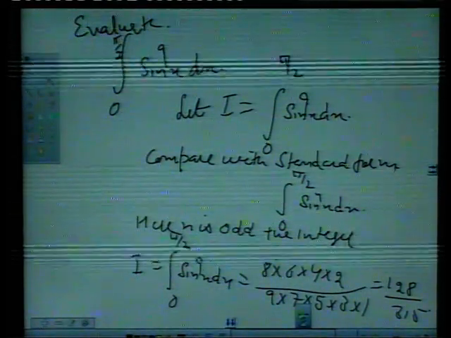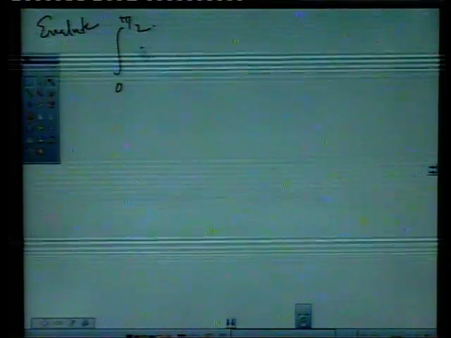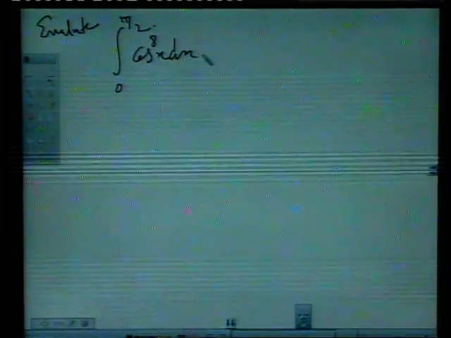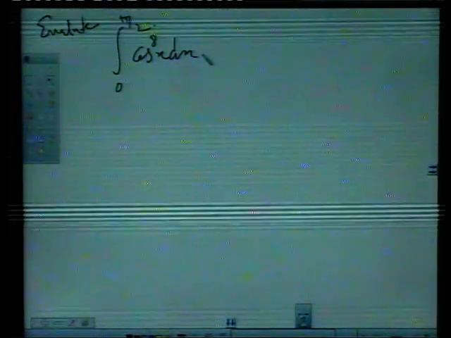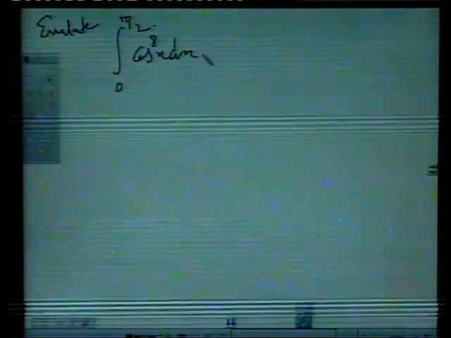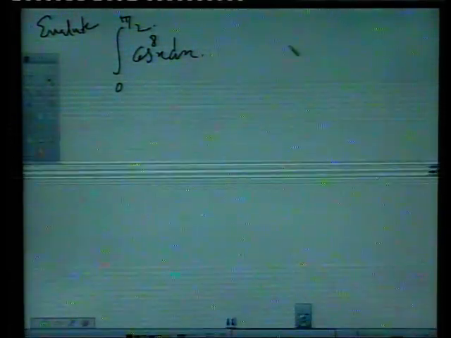Right. Now, another example: 0 to pi by 2, evaluate cos raised to power 8x dx. Now, again compare with the standard form.